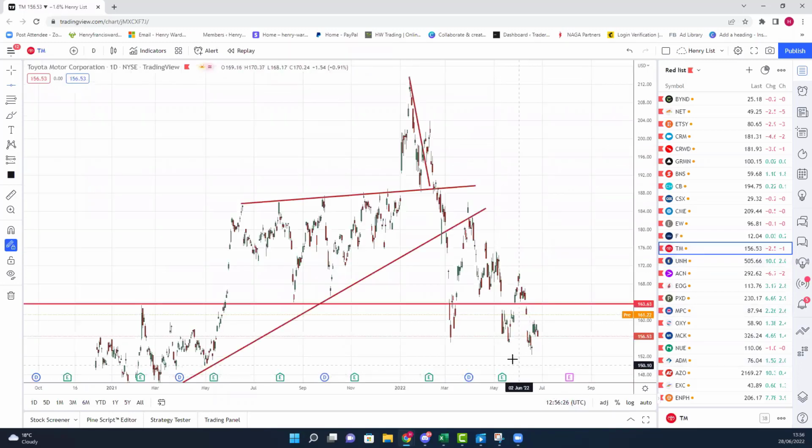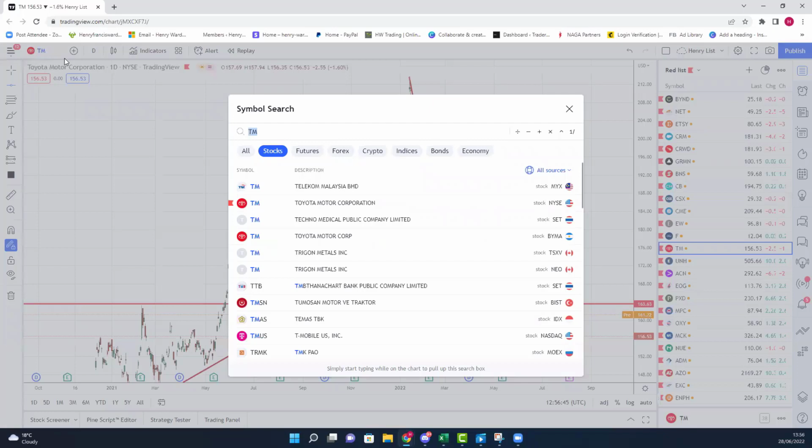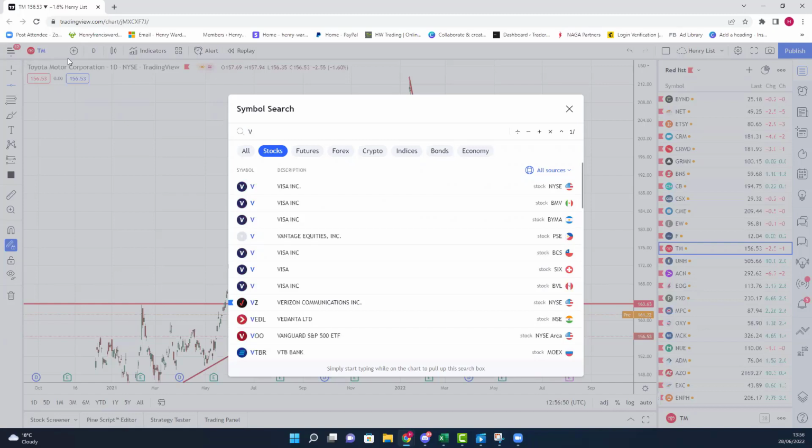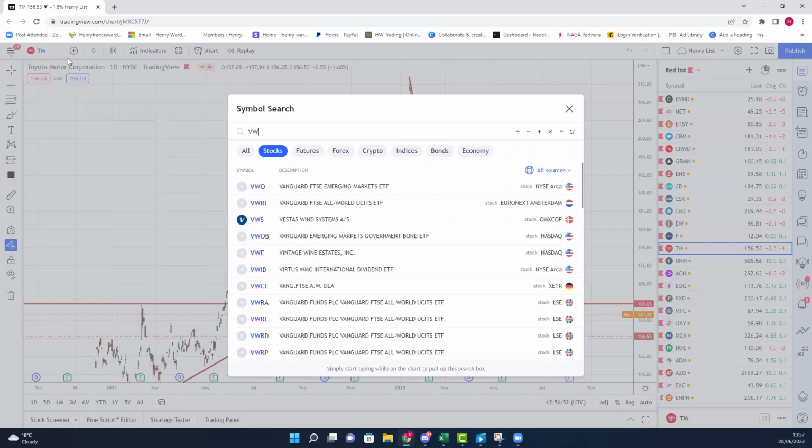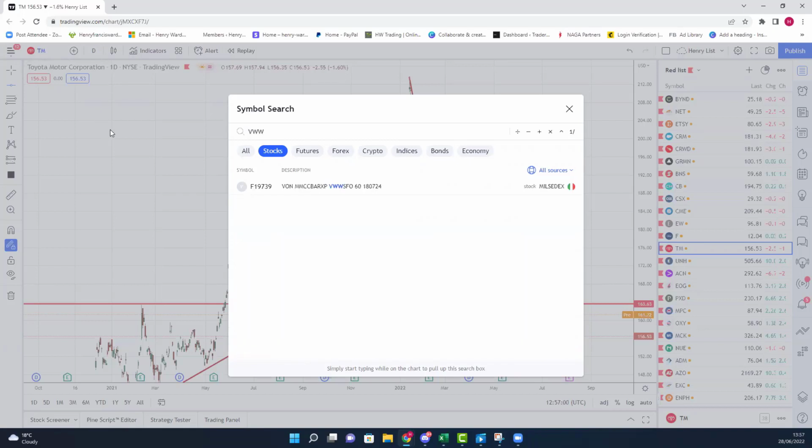Toyota. Is Toyota a good trade here? Not massively. The one company that I've been reading about in electric vehicles, that people are backing strongly, is Volkswagen, for electric vehicle companies. What is Volkswagen's actual ticker?